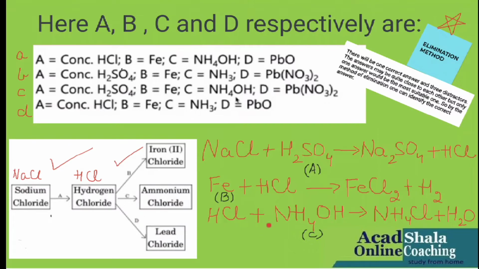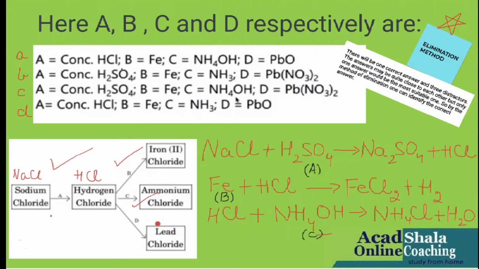I will write in my rough side column: HCl reacts with ammonium hydroxide, forming ammonium chloride along with water. I got the answer absolutely correct. So C is nothing but ammonium hydroxide. This is also done. Now the D portion is left.